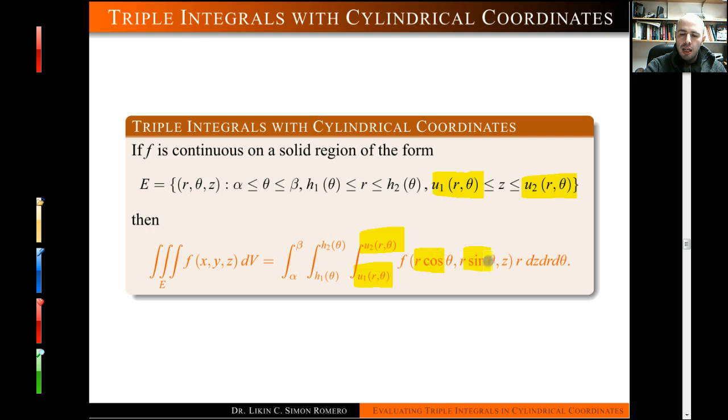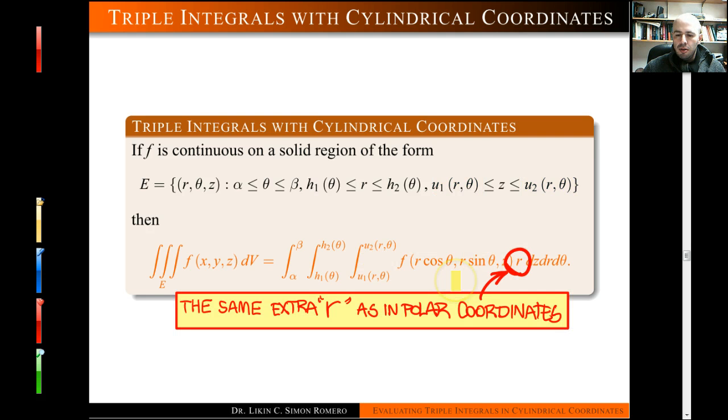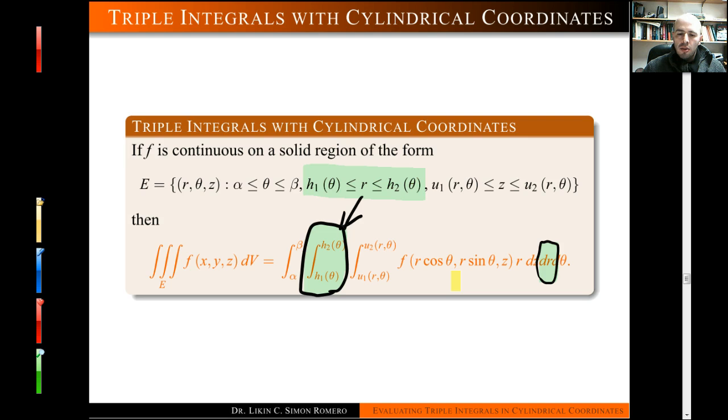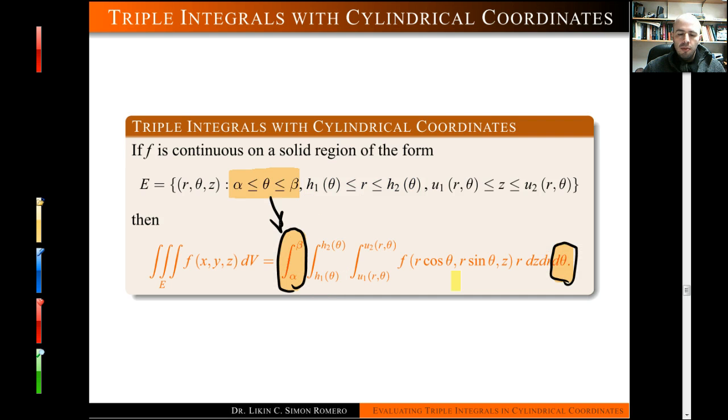Remember, x and y, we change them into polar coordinates. We have the extra r, and then z moves between two functions that depend on r and theta. Then we integrate with respect to r. r could move between two functions that depend only on theta, and theta moves between numbers.